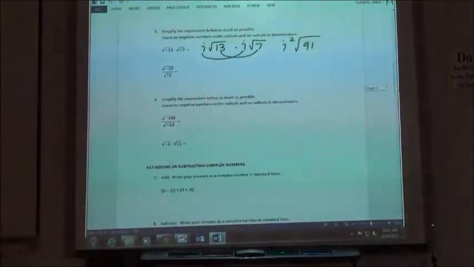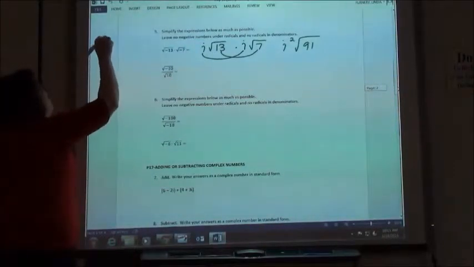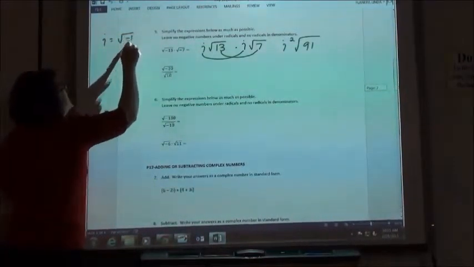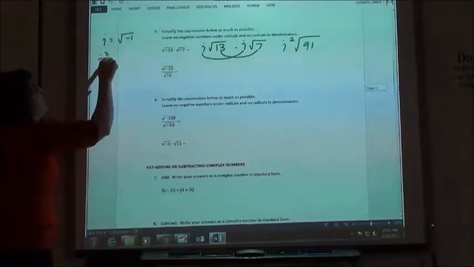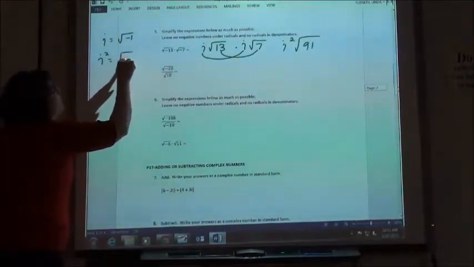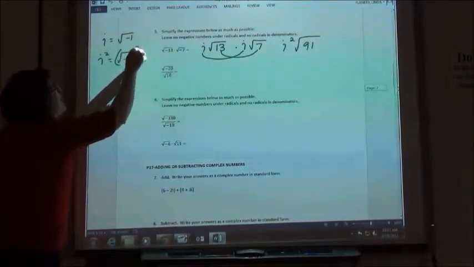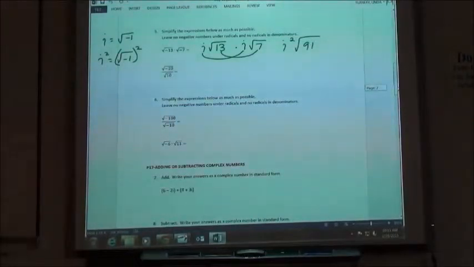Now, there's one other weird thing in here that we haven't talked about yet, because I put all these things in there so we can talk about them. If i is equal to the square root of negative 1, i squared is going to be equal to the square root of negative 1 squared. And what happens when you square a square root?